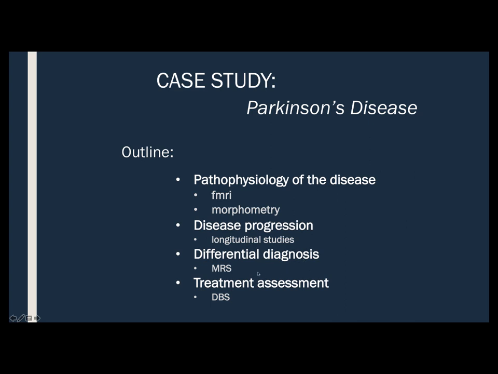I'll mention some MRS spectroscopy data and how we assess treatment, for example, how we have been using DTI tools to understand how DBS works. So as you see, there are a lot of modalities and a lot of studies. I will just briefly mention some and go into more detail on others.